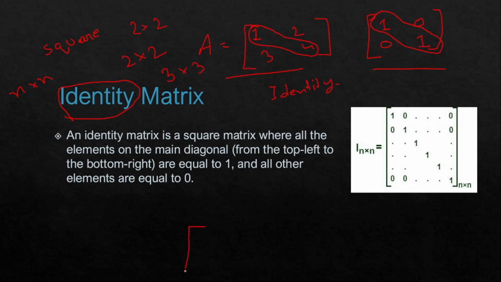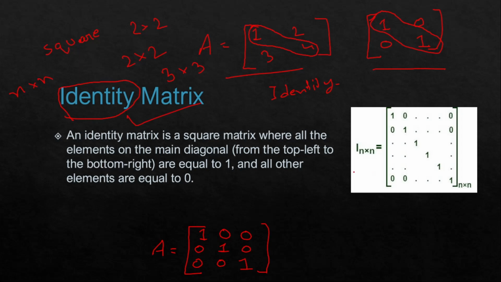Let me write it again, this time a 3 by 3 matrix. Every single number except the main diagonal is 0, and the main diagonal consists of numbers that are only 1. So this is a 3 by 3 identity matrix.